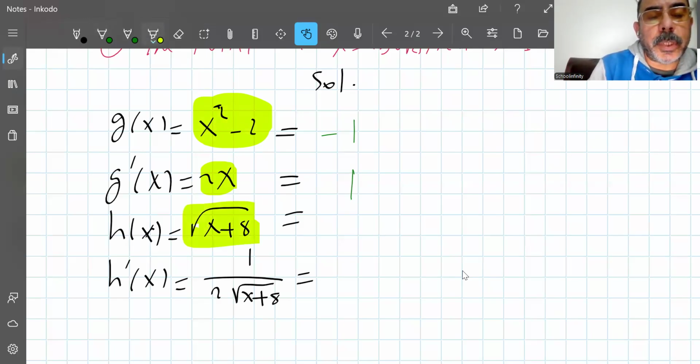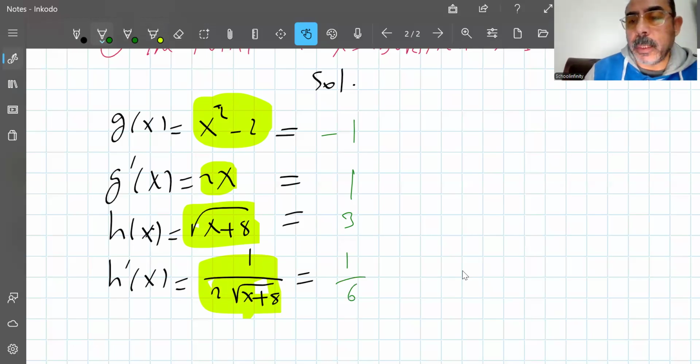So 1 plus 8 is 9. Square root of 9 is 3. And at the end, h prime of x. So it is 1 over 6, because we have 1 plus 8 is 9, square root of 9 is 3, 3 times 2 is 6. So it will be 1 over 6.